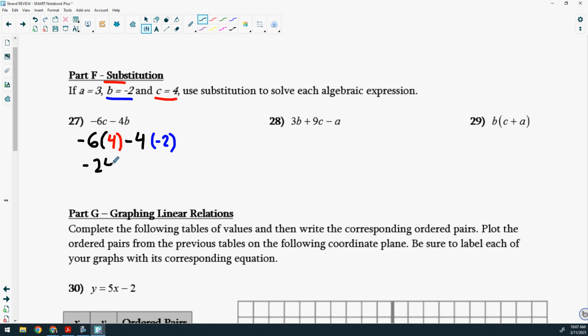And I kind of glanced over this, but we are remembering BEDMAS. That's why I did the multiplication first. Now we're doing negative 4 times negative 2. Negative 4 times negative 2 is positive 8.